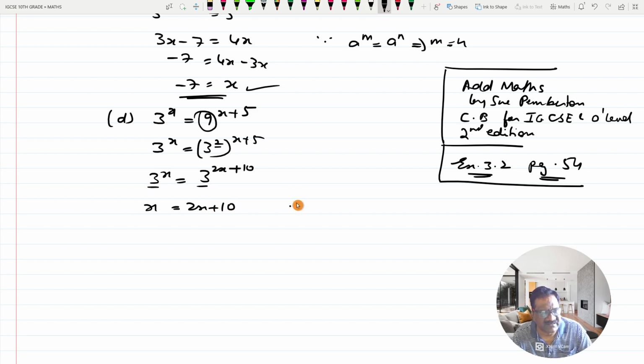The reason being a raised to m equal to a raised to n implies m is equal to n, and this 10 I'll bring on this side, so it will become minus 10. This x I'll bring on this side, it will become 2x minus x, and 2x minus x is nothing but x. So x is equal to minus 10. So we got the answer for D also.